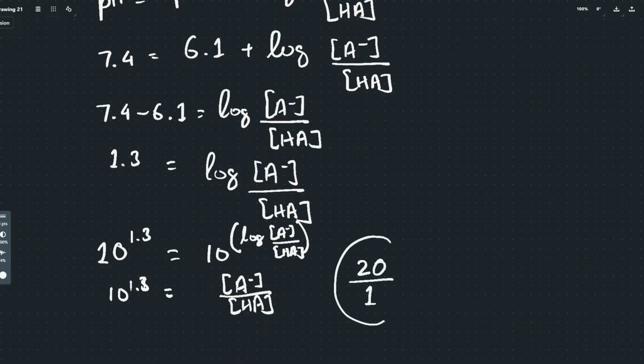That's interesting. It means that at the pH of blood, we will have about 20 molecules of the conjugate base. I should actually write it like this: HCO3 negative, and here H2CO3. So if we have 20 molecules of HCO3 negative, we will have 1 molecule of H2CO3.